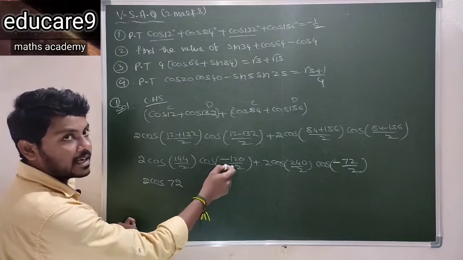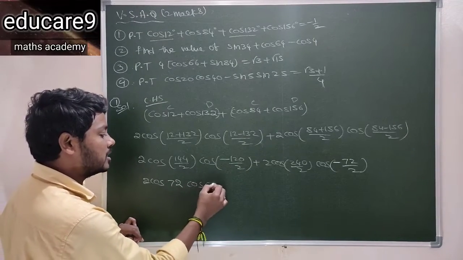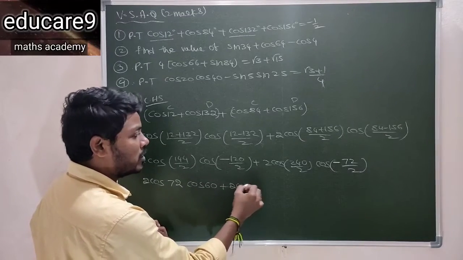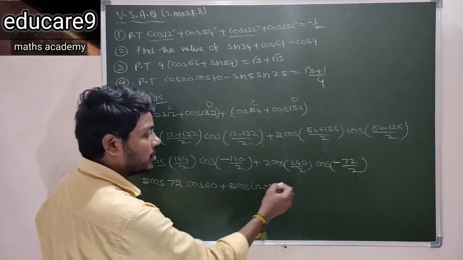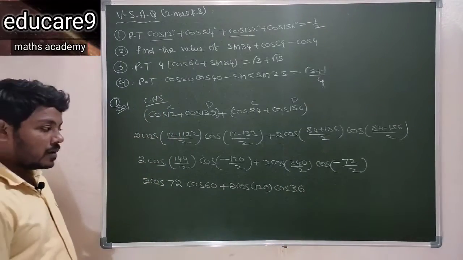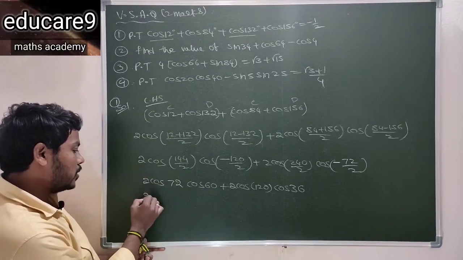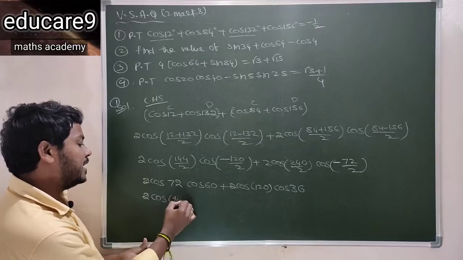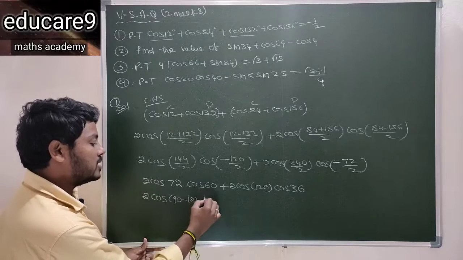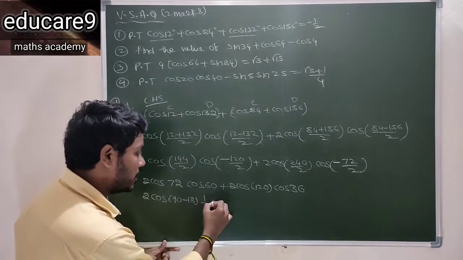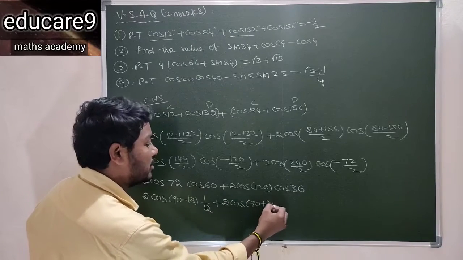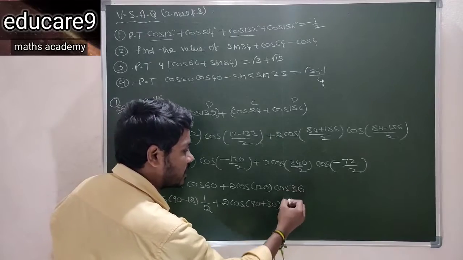Next this one, cos of minus theta is cos theta only, you will get cos 60. Next this one plus 2 cos 120, this is cos of minus theta, cos theta, you will get cos 36. So here this is 2 into cos of 90 minus 18, cos 60 value is 1 by 2, and plus 2 cos of 90 plus 30 and cos 36.